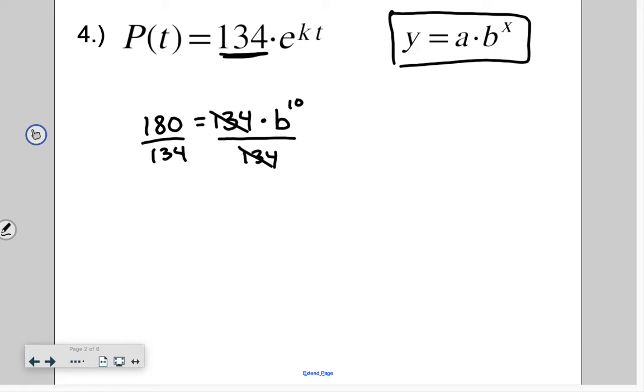And then I don't want B to the 10th, I want B. So how do I get rid of the 10th power? We take the 10th root, which is the 1/10th power. So we would raise this to the 1/10th power, and that'll give you B. Based on the answers I gave you, it should come out to be about 1.03.